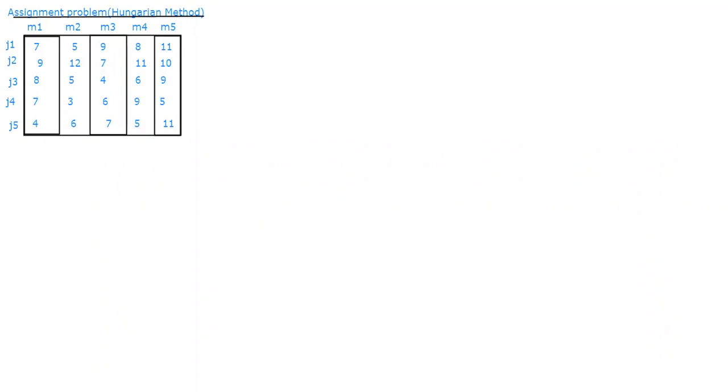The problem is to determine the assignment of jobs to machines so that it results in minimum cost. I keep telling you, in management science the ultimate thing is that my cost should always be at a minimum, because when I attain minimum cost, automatically my goal of attaining maximum profit will follow. That is what we are doing here.